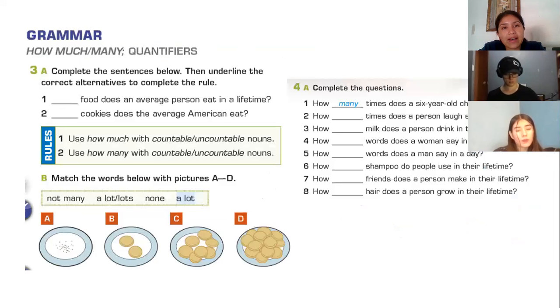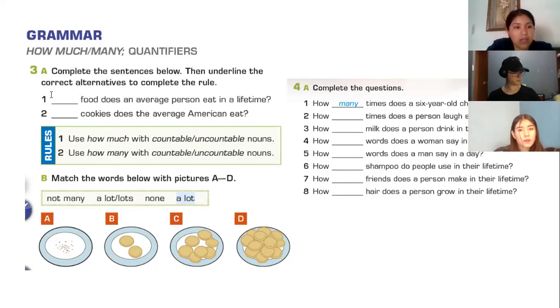Okay, here we have these exercises and it says complete the sentences below and underline the correct alternatives to complete the rule. Are you going to use how much or how many in these two? Number one, what are you going to use for number one? How much?